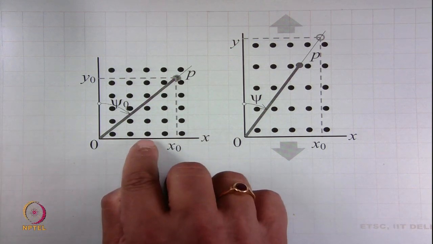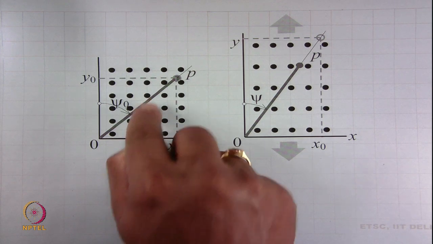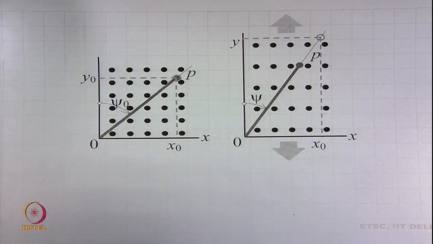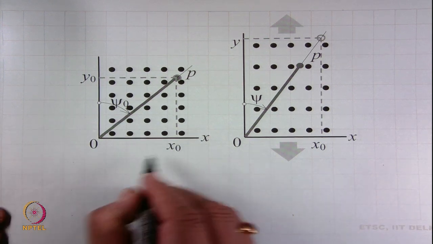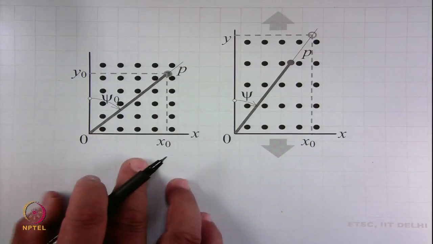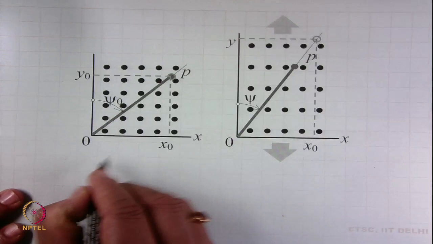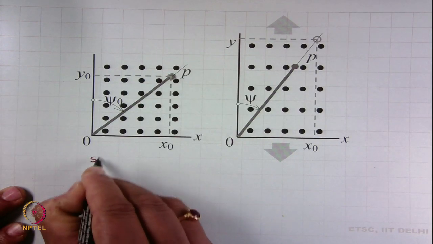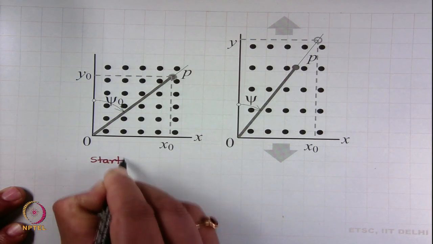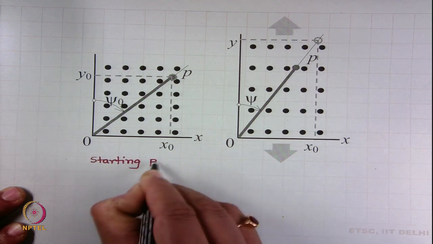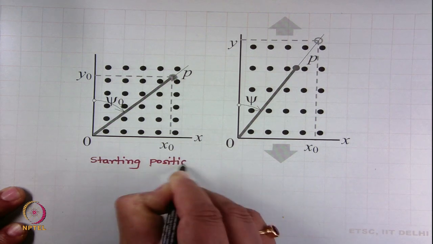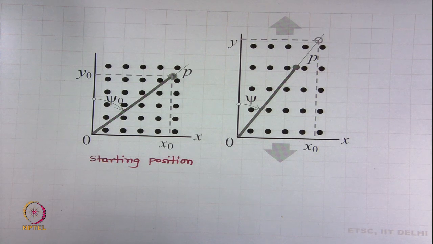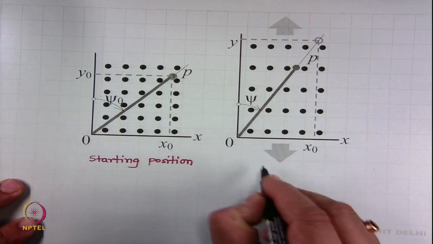These black circles resemble the spikes. This is basically the starting position in this model, and this is the end position in this model.